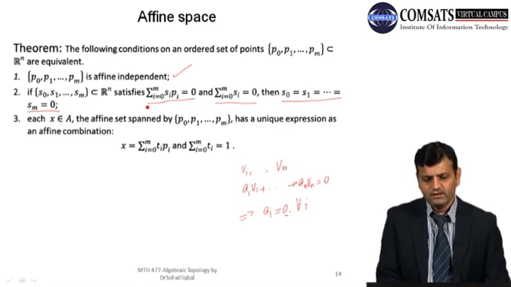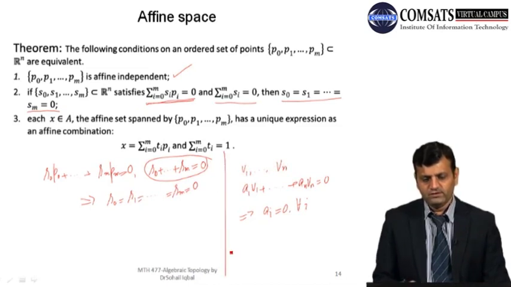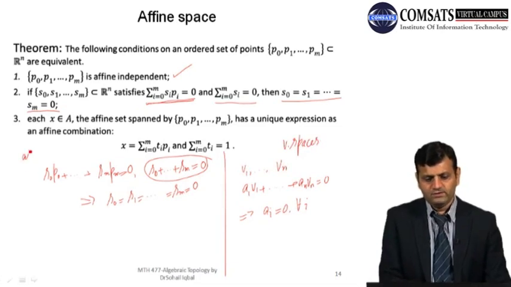But over here we are saying that if s0 p0 plus so on plus sm pm equal to 0, and also the summation s0 up to sm is equal to 0, then this implies s0 equal to s1 equal to sm equal to 0. So this is the extra condition that we impose in this case. This is the difference between the discussion of vector spaces and affine spaces.